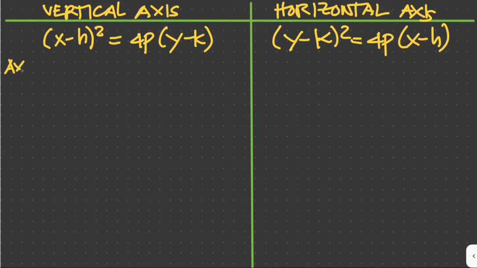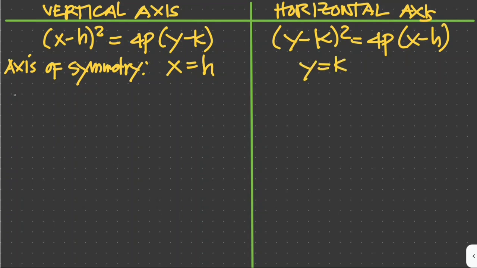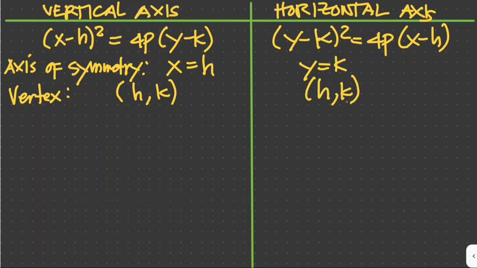And the axis of symmetry here, for the vertical axis, is just x equals h. Then here, y equals k. And for the vertex here is h, k. It's the same as here.